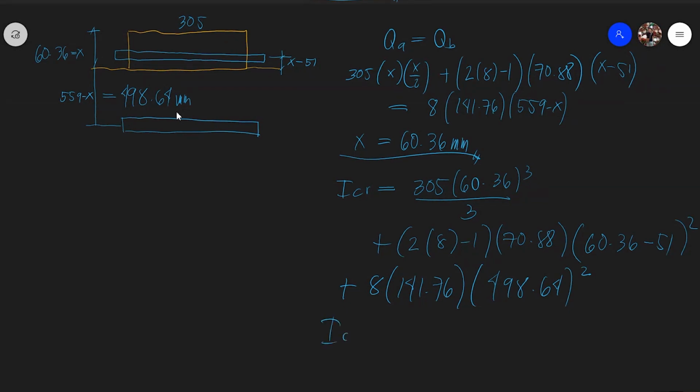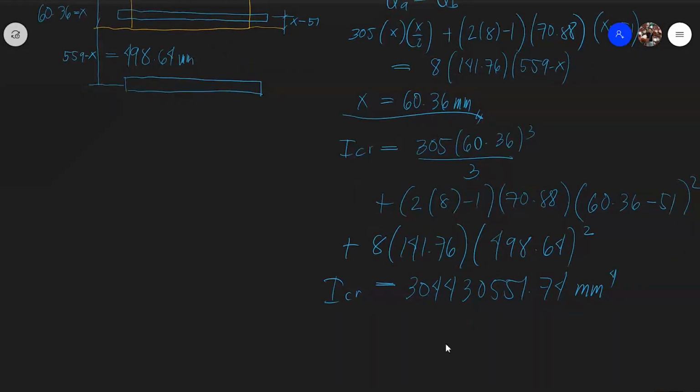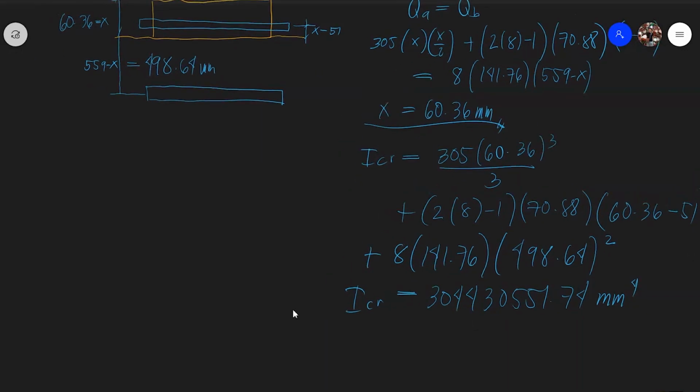So what's your value for ICR? 3044 30551.74. Please recheck in case there is a mistake. Okay, that is your value for ICR.